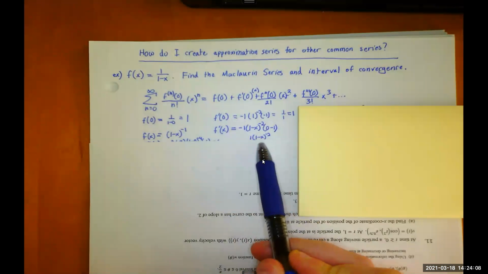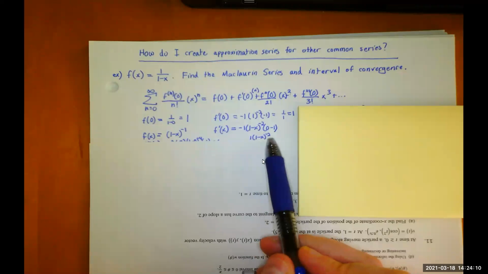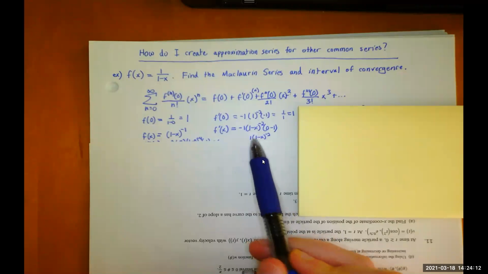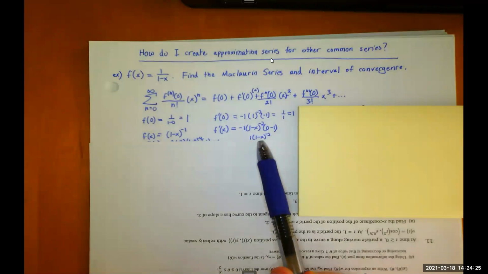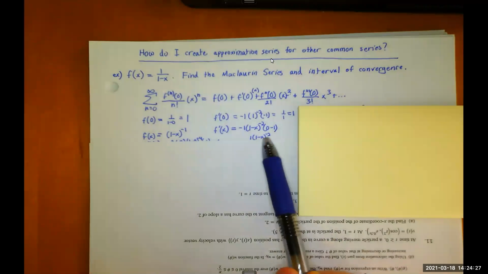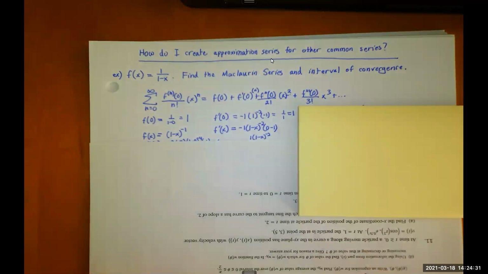So I have 1 over 1 minus x quantity squared, or as I've written it here, 1 minus x to the negative second power. Okay, when I evaluate it at 0, I have 1 minus 0 to the negative second, which is positive 1.